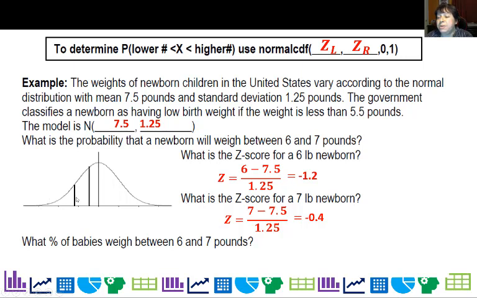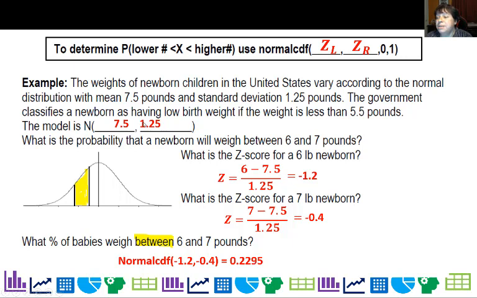And that would be here. So the area that we're looking for is between 6 and 7 pounds, so it would be between the two z-scores of negative 1.2 and negative 0.4. I can just go ahead and do normal CDF with negative 1.2 and negative 0.4, and I should get 0.2295.